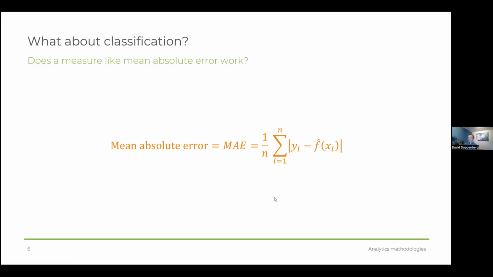Then the question is, can we actually also use these kinds of metrics for classification? So if we would look at the mean absolute error, I think you can use it because in classification, your prediction, let's say in a 0 or 1 case, will be either a 0 or a 1, and your target value will also be a 0 or a 1. So you can definitely take the absolute difference of those.